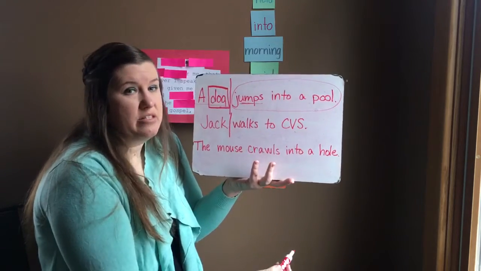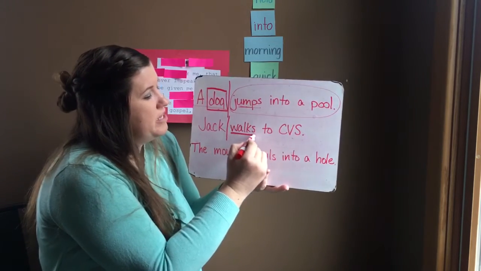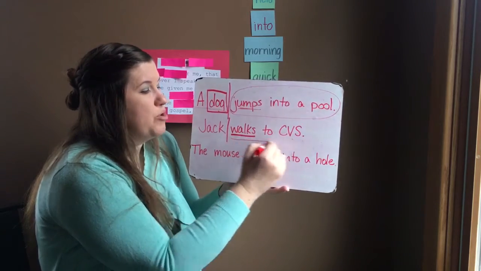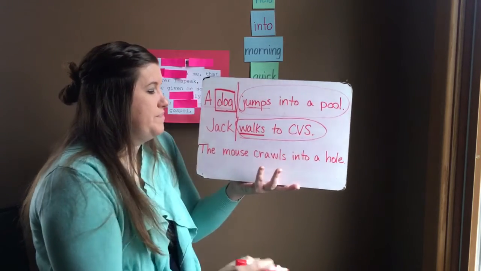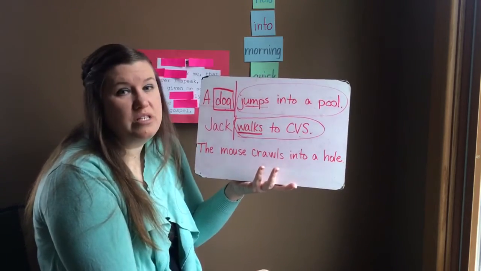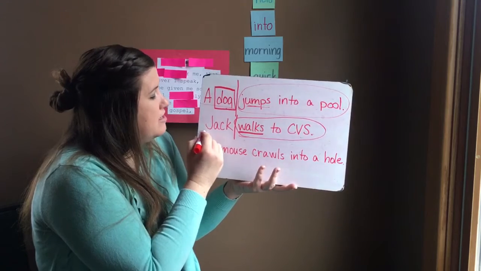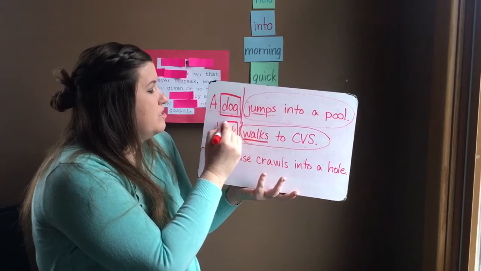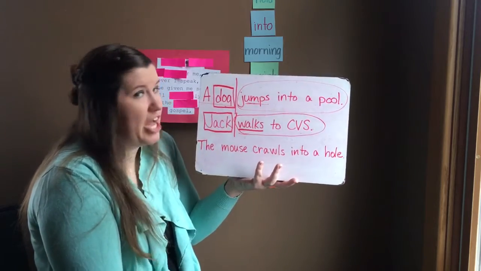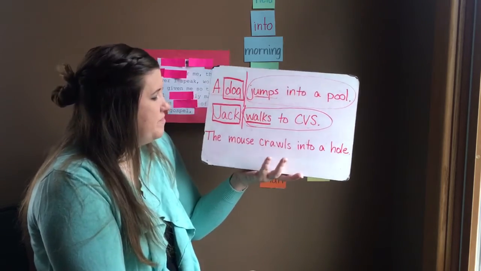Walks to CVS. Our verb would be this. Walks. That's what we do. The predicate part would be this. What is our subject? Who walks to CVS? Jack. This is the whole subject part, but it is also the subject. Jack. That's what we circle.